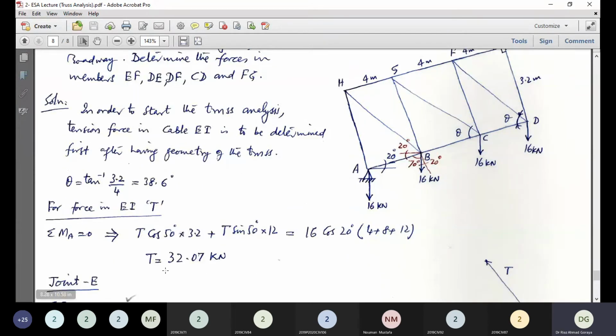So this tension in the cable EI will become 32.07.